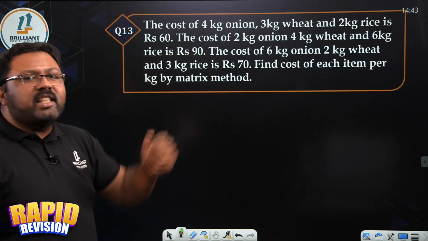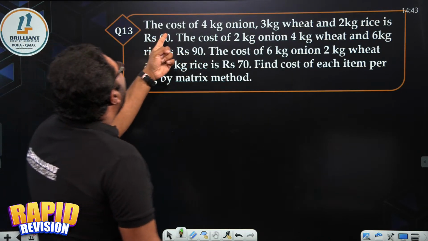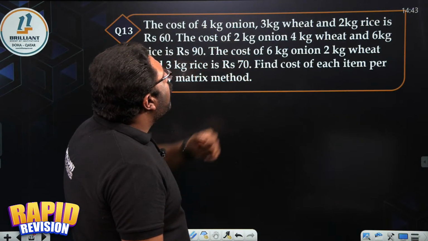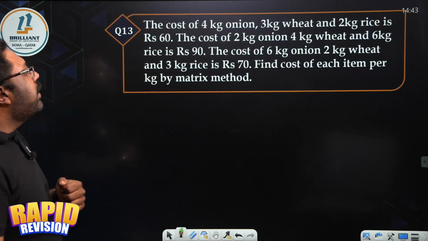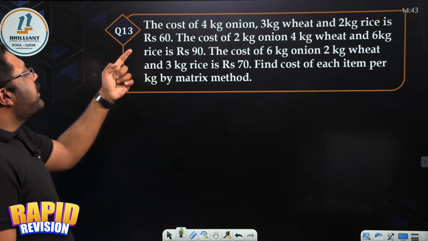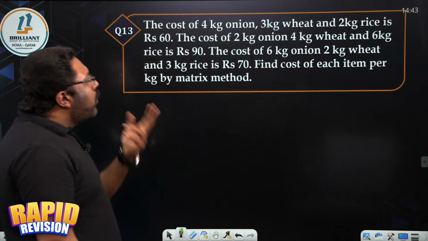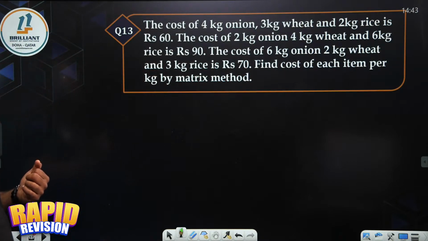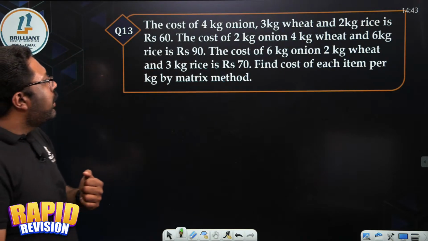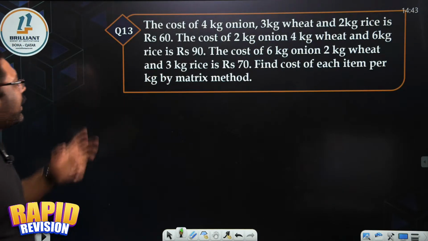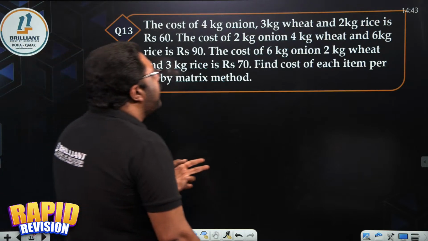Next, read question number 13, all of you. The cost of 4 kilograms of onion, 3 kilograms of wheat and 2 kilograms of rice is rupees 60. The cost of 2 kilograms onion, 4 kilograms of wheat and 6 kilograms of rice is 90. And the cost of 6 kilograms of onion, 2 kilograms of wheat, 3 kilograms of rice is 70.